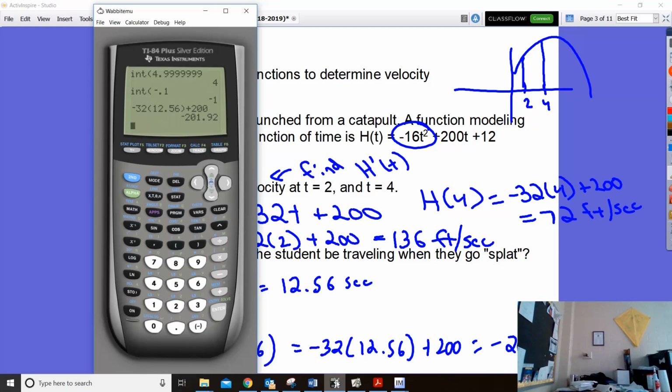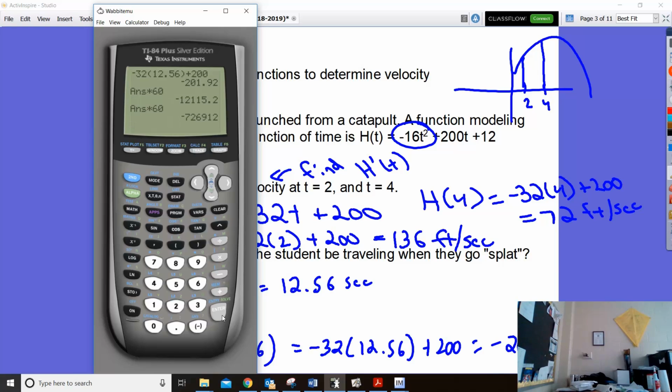How fast is that in miles per hour? That's per second. How many seconds in a minute? That's feet per minute. Right? Minutes in an hour. That's feet per hour.